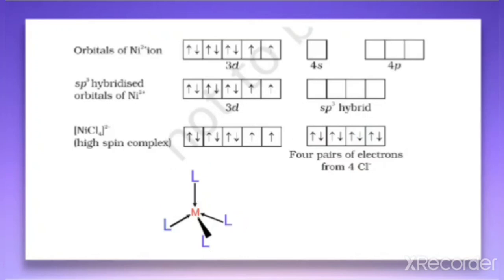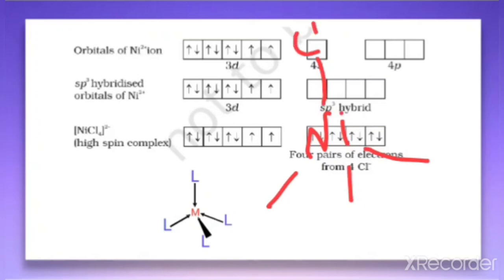Now here it is necessary to keep the charge as it is given in the complex. So when you are making the geometry for this complex, what do you need to write? You need to keep the charge properly. So in this case, Ni is the central metal ion, that we have to write as Ni, and we have to make the tetrahedral.